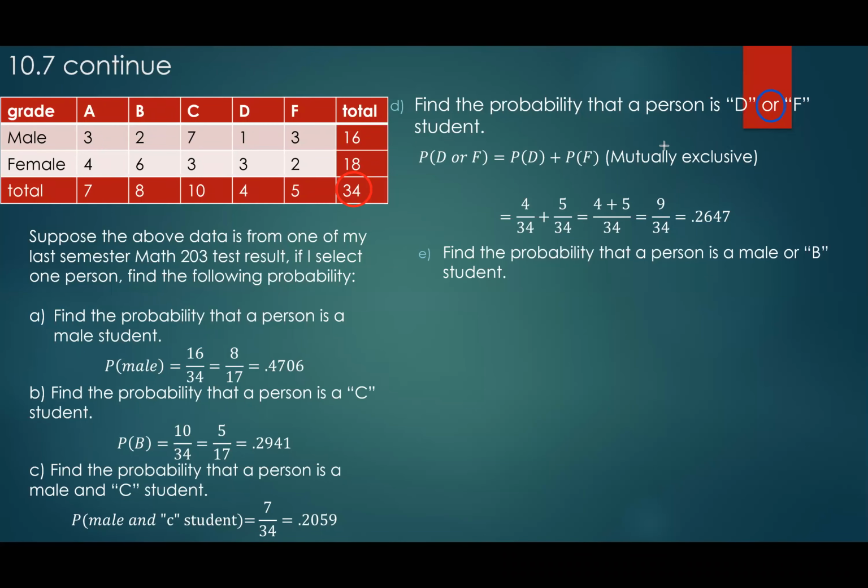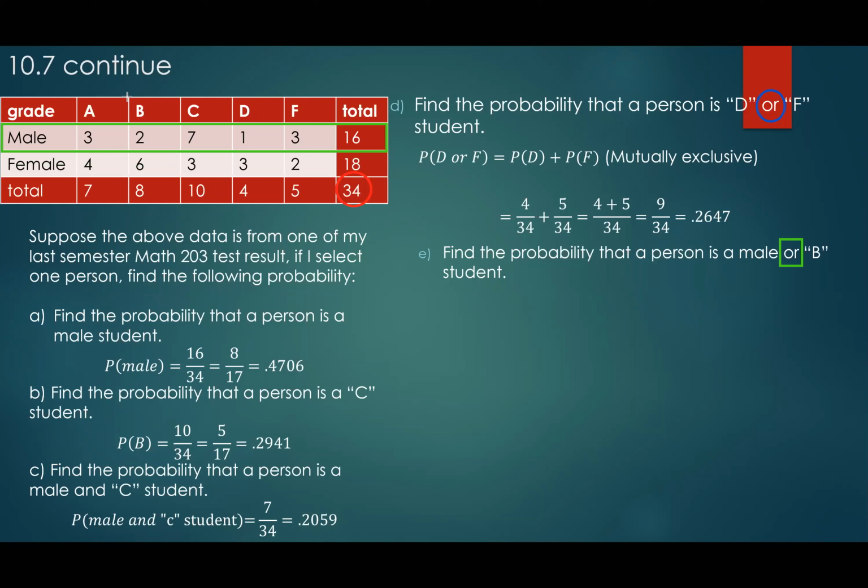You probably have the question of the definition more than the solution itself. Find the probability that the person is a male or a B student. Looking at this, this is my male criteria, and this is my B student criteria.